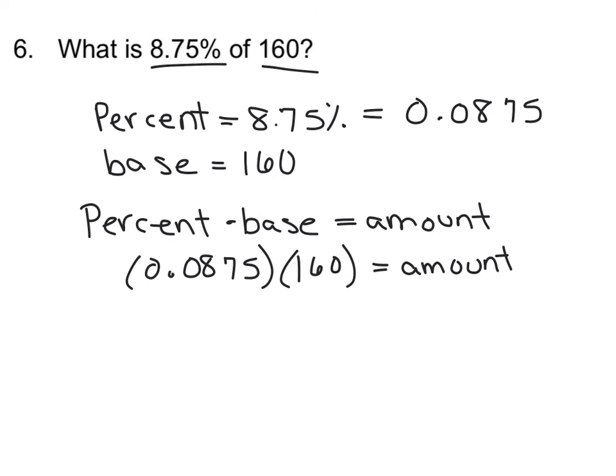All we have to do is multiply 0.0875 times 160 on our calculator. When we do that calculation, we get a value of 14. So the amount is 14, and that is our final answer.